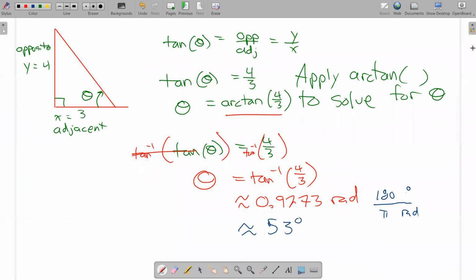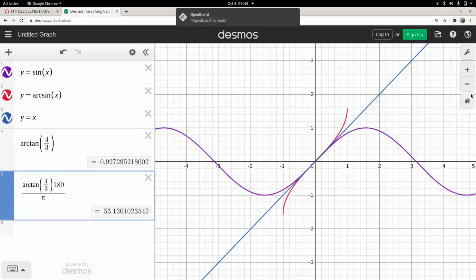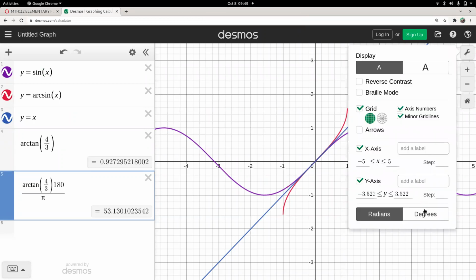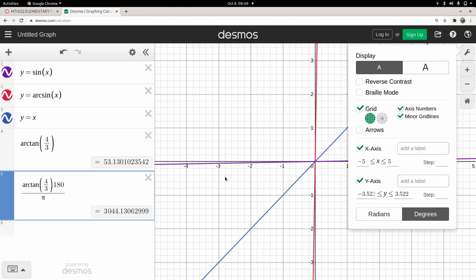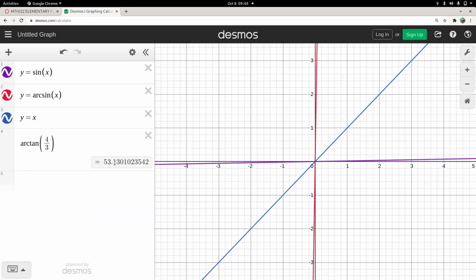And let's check on another calculator for fun. So I could just switch the mode here. That would be the wrench, and then switch to degrees, and it recalculates everything, making this number worthless. But I can see 53 degrees when I switch the mode. So again, pay attention to your mode when you're playing with trig functions. Notice what happened to the graphs here when I switched.